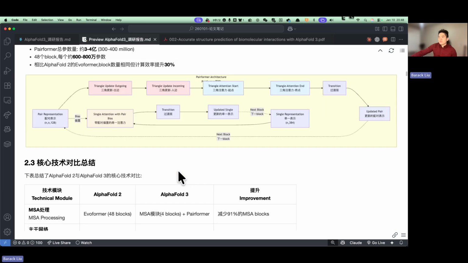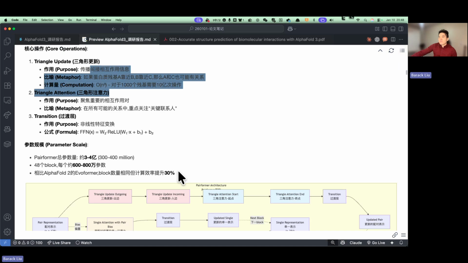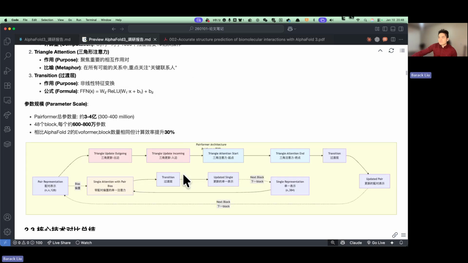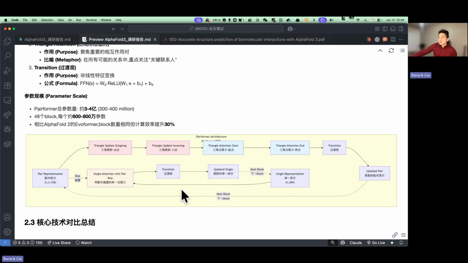That's not what I expected. So the operations are triangle updates, triangle attention, transition. I still feel it's a little bit confusing to understand.